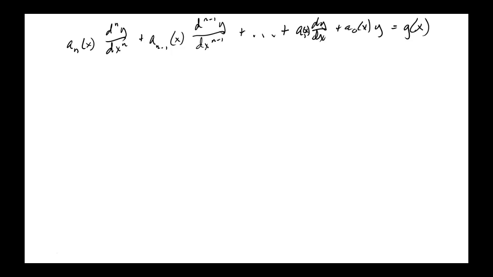Now, for this to be an initial value problem, remember before when it was a first order differential equation, you only had one initial condition. Now you need an initial condition for every order of that differential equation.